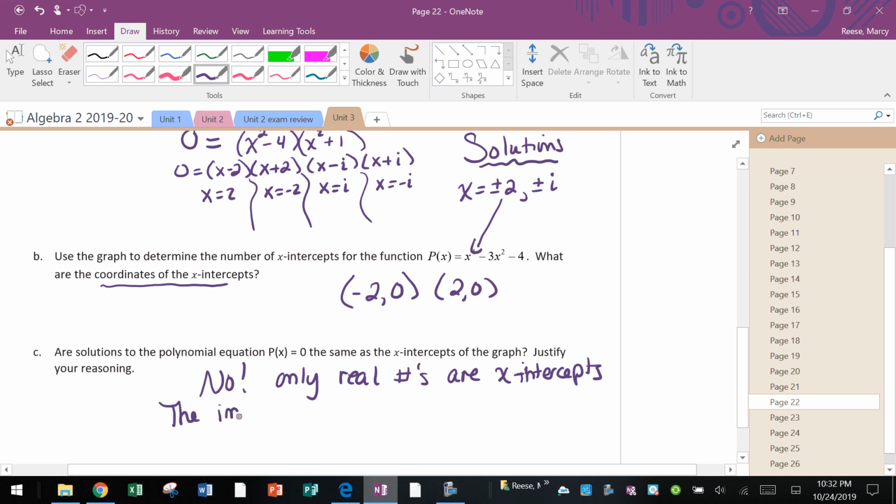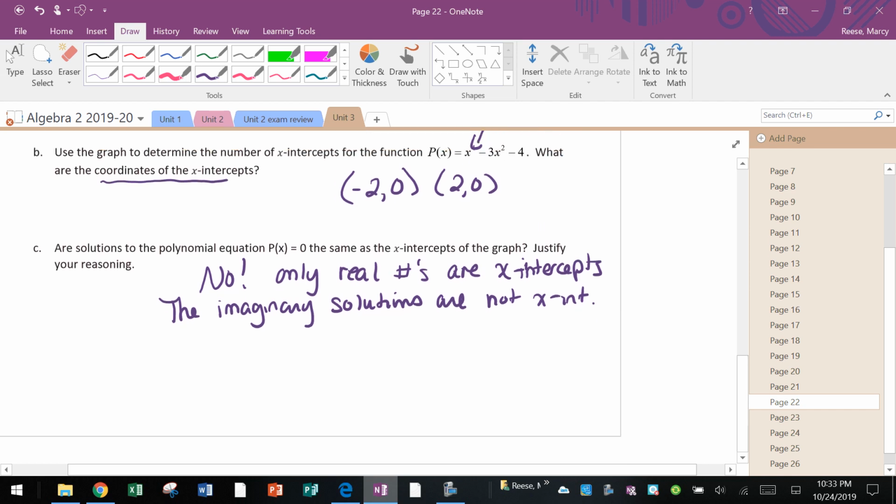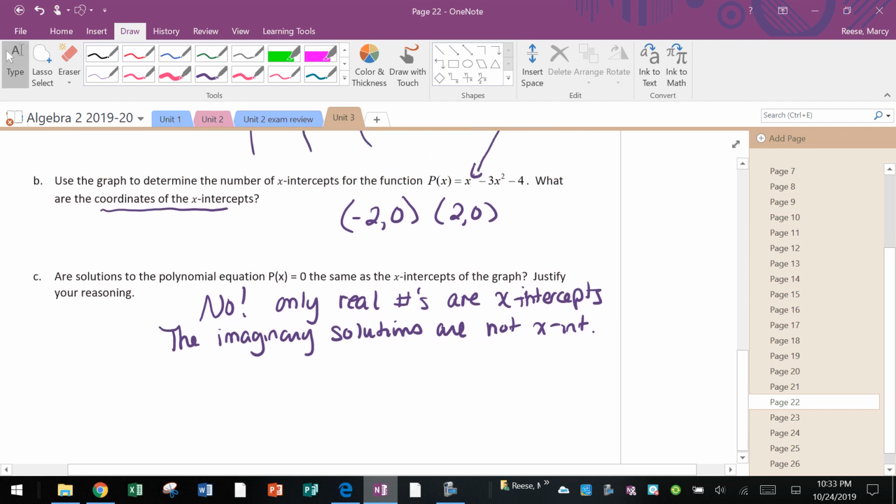The imaginary solutions are not x-intercepts. Okay, so that plus or minus i is not an x-intercept. Okay. You're sticking with me. Keep going.